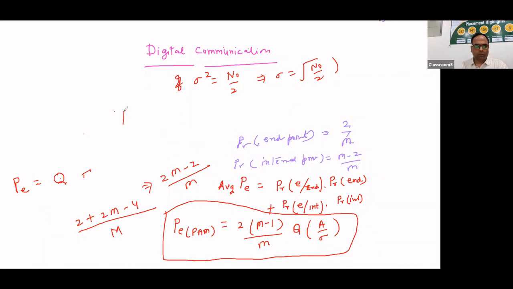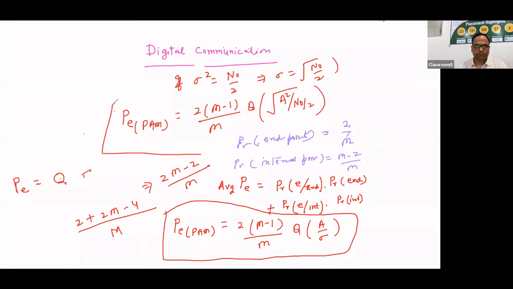Then we can write probability of error of PAM can be equal to 2(M−1)/M Q of A upon under root N0 by 2, right? This we can write down. So this is the probability of error of M-ary PAM. So you can put the value of M here to get the probability of error.